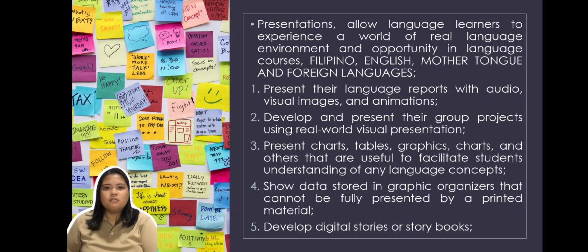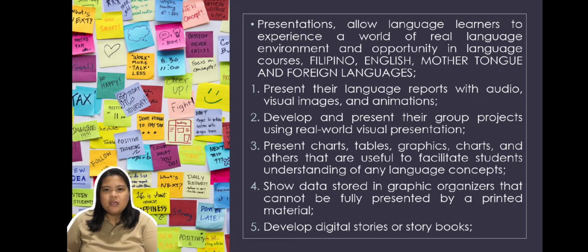So, the first one is to present their language report with audio-visual images and animations. The second one is to develop and present their group projects using real-world visual presentation.